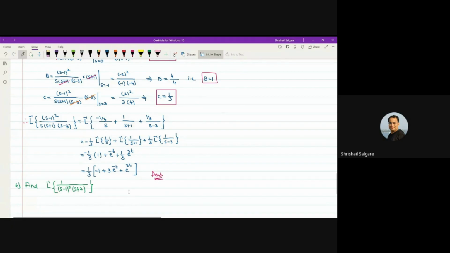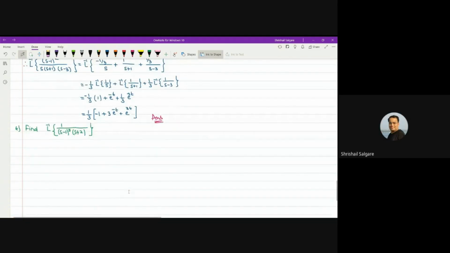I think first one is completed. Yes, sir. Now see, before applying partial fraction, I will try to simplify this. L inverse of 1 upon s minus 1 raised to 5 into s plus 2.